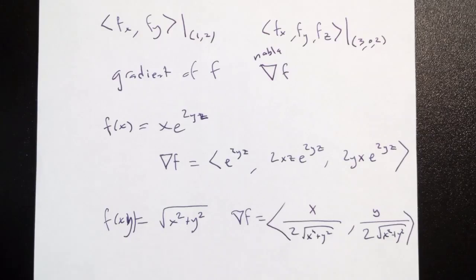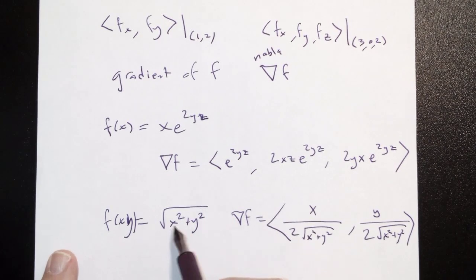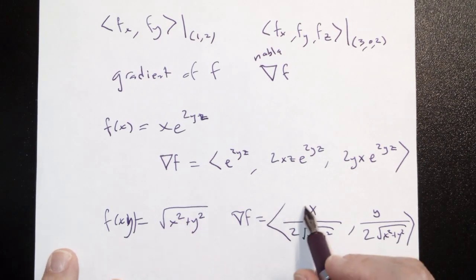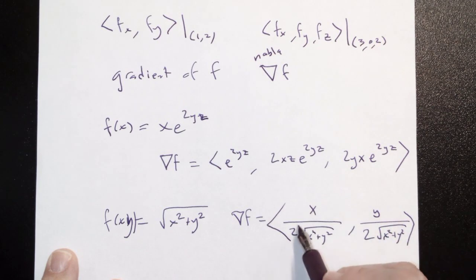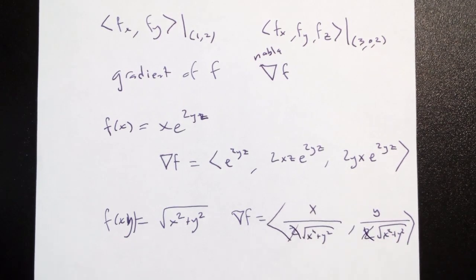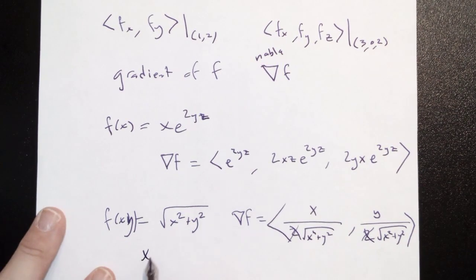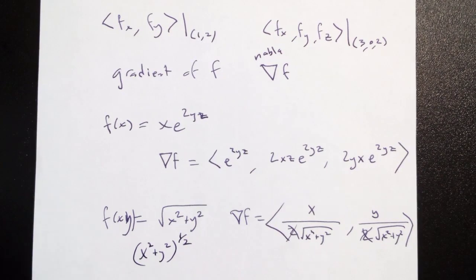Because you get a 1/2 stuff to the negative 1/2, and then the chain rule gives me the 2. So there should be a 2 on top here and a 2 on top here, or there should be no 2's on the bottom. Make sense? Okay.